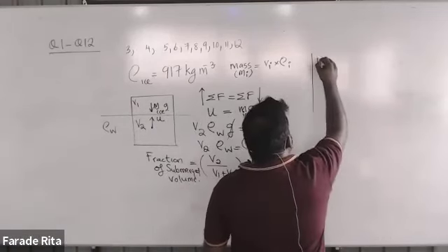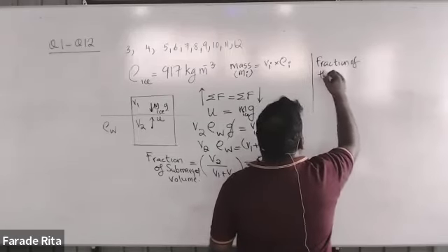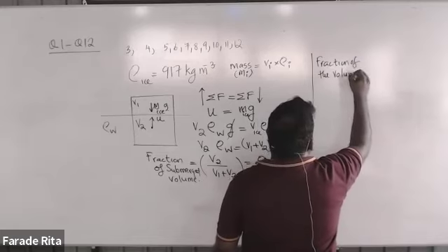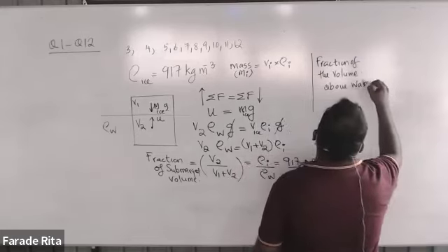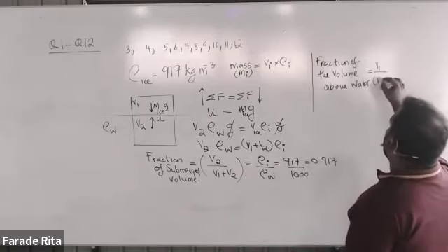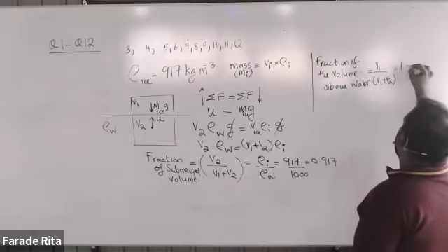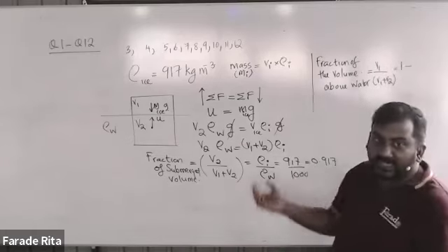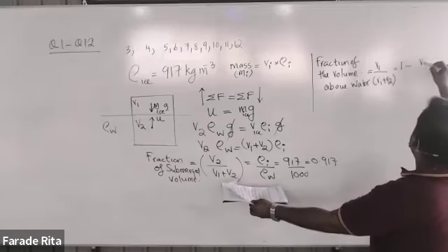So how will you find the fraction of the volume above water? That is V1 divided by V1 plus V2. This is actually 1 minus the fraction submerged, since the total fraction is 1.